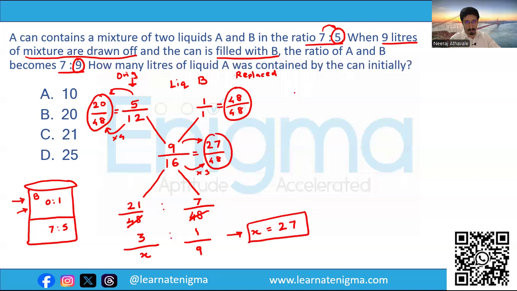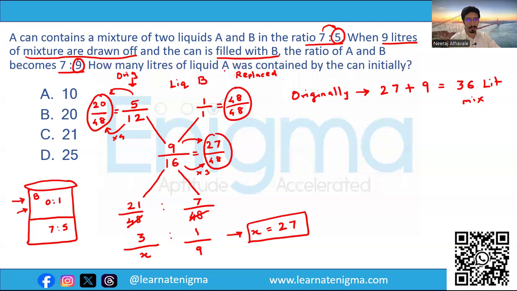So now we can say that originally the can contained 27 plus 9, that is 36 liters of mixture.